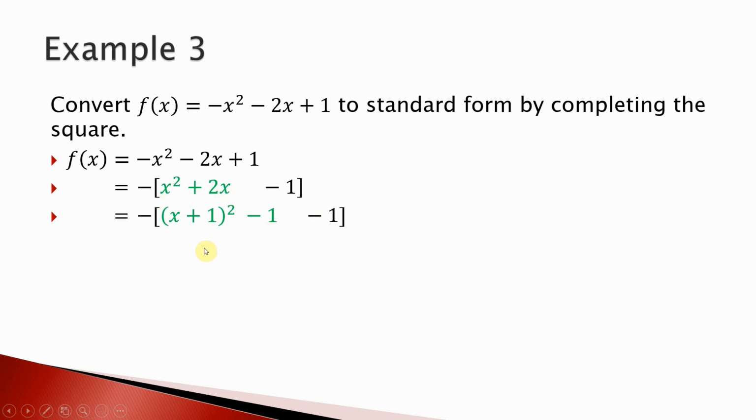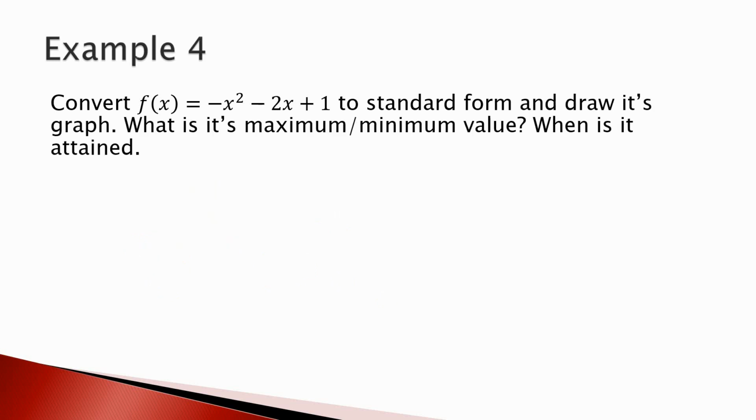Okay, so you have to remember how to expand a plus b parentheses squared in order to do this. So this negative 1 and this negative 1 will become negative 2, and you distribute the negative 1, so this becomes negative, this becomes positive, and this is the standard form.